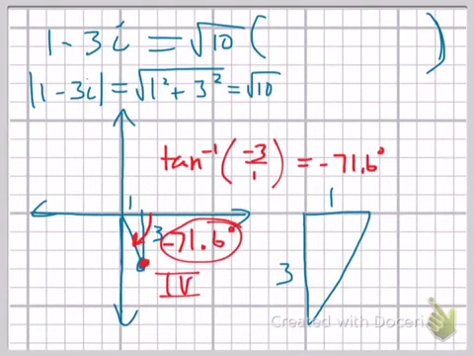So to finish this out, this would be cosine of negative 71.6 degrees plus i sine of negative 71.6 degrees.